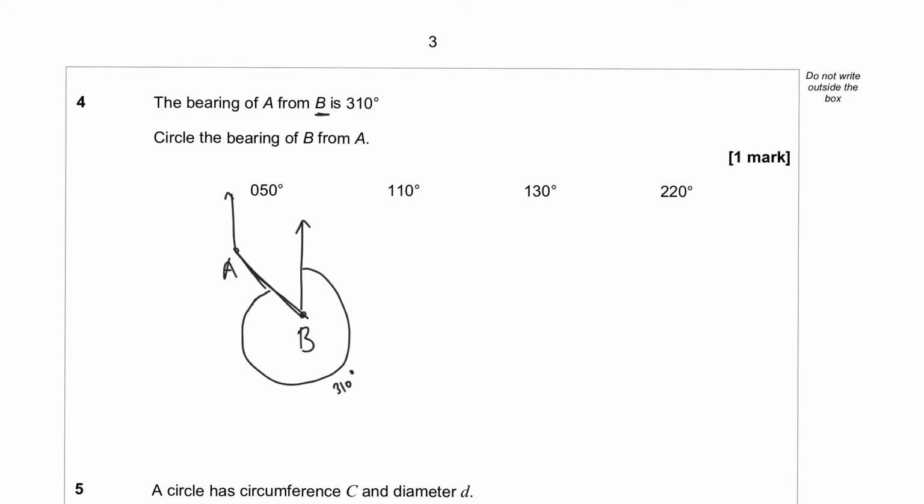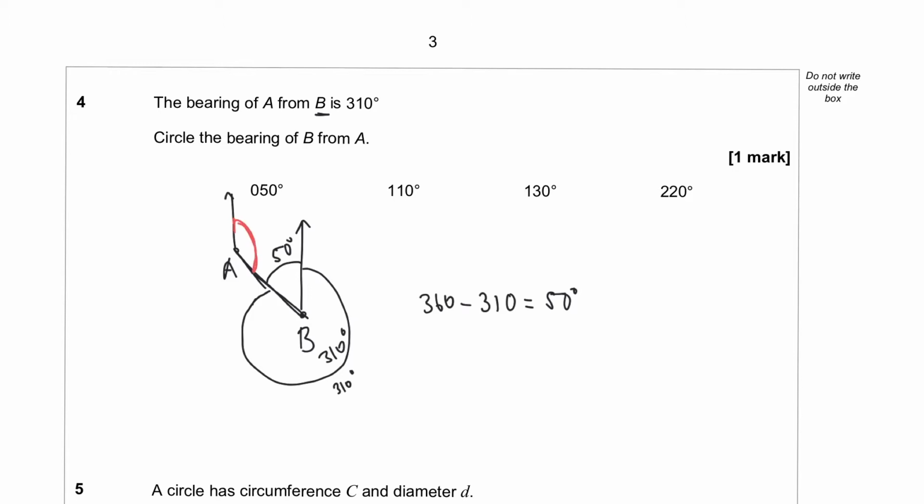Okay, so if that's 310 degrees, then we know a circle is made up of 360. To work out that inner part, it would be 360 minus 310, which would be 50 degrees. So that bit would be 50. Now, because we're working out the bearing of B from A, that would be from the north of A to where it hits that line.